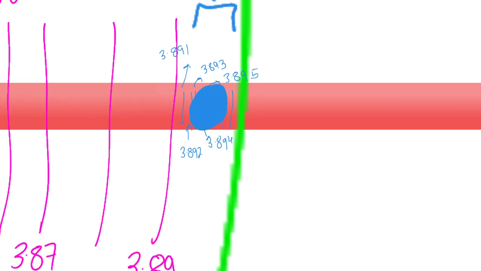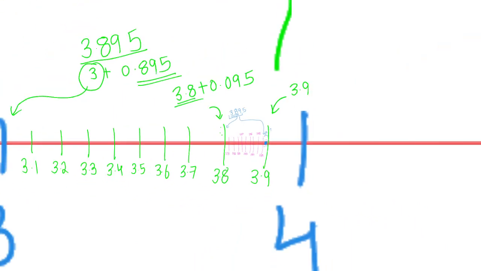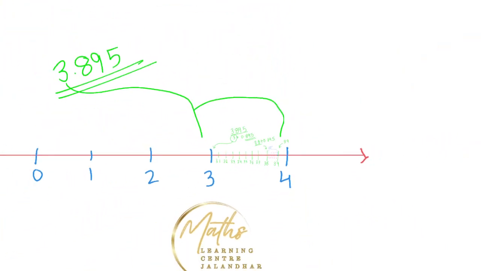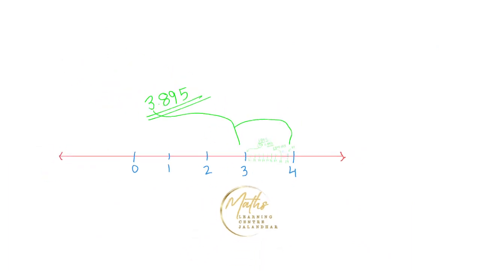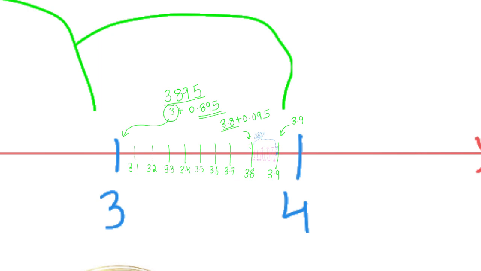Now look at this situation. When we are zooming it out, what we can see is that we have located this point on the number line. This point we are talking about lies somewhere at this point on the number line.